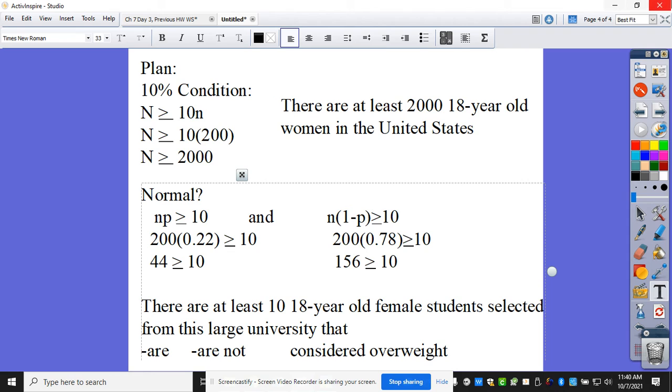I switched it for the problem for you guys so that we weren't having to deal with greater and less than with BMI. We just talked about overweight. Questions with conditions.